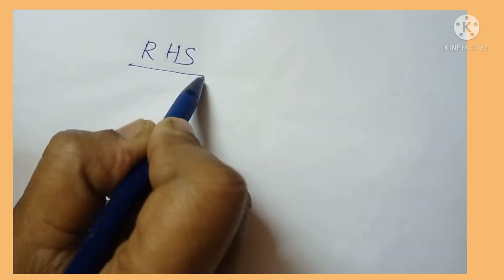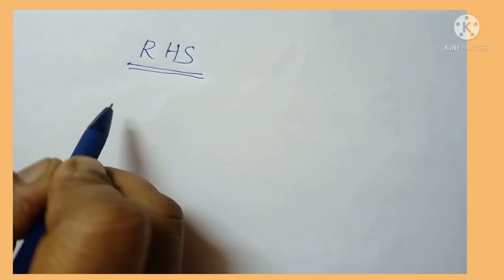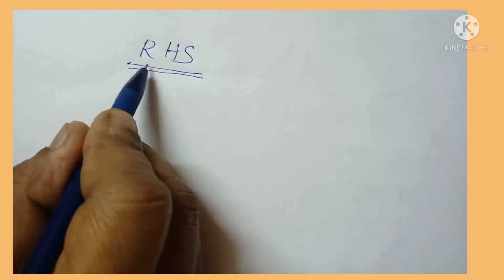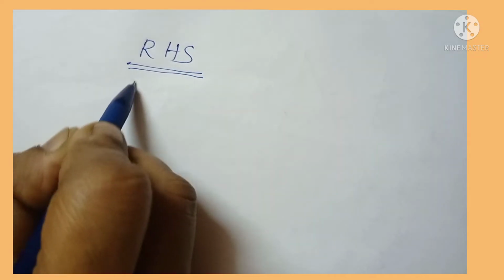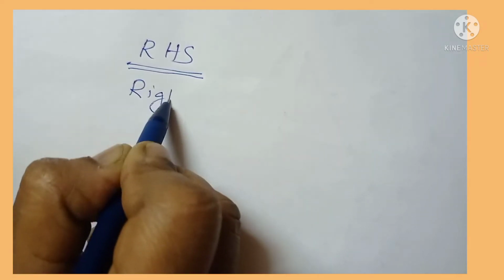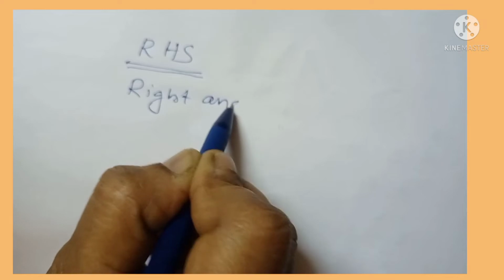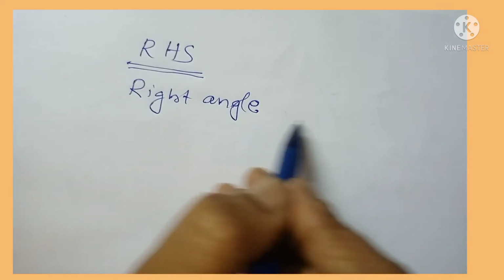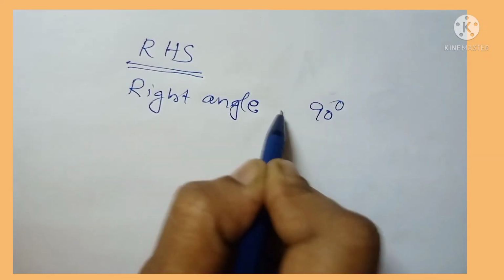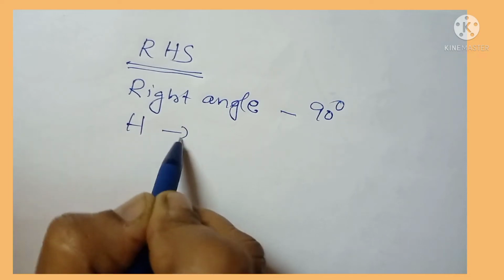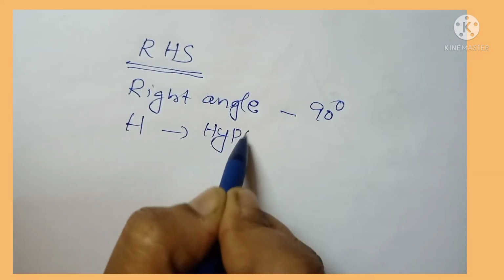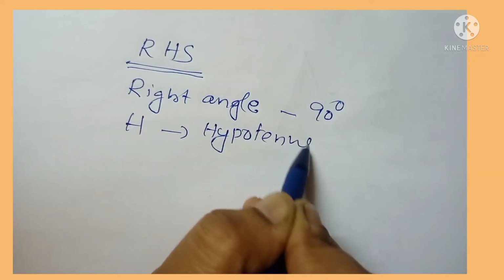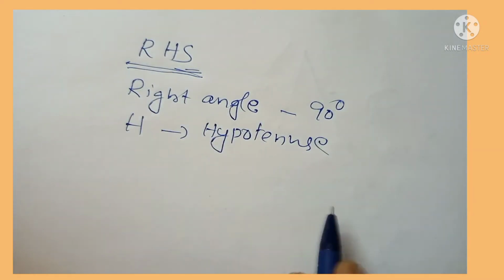Next construction, that is RHS. Here we want to construct right triangles. R for right angle. We know that one of the angles in a right triangle is 90 degree, and H means hypotenuse and S means any one of the sides.